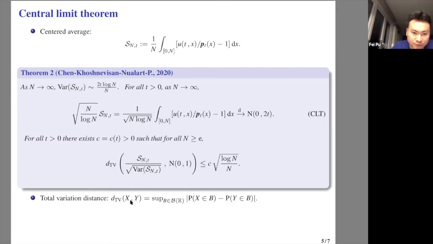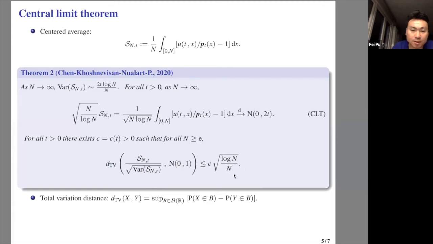The definition of total variation distance is the supremum over Borel sets of the difference of two probabilities. We prove that the total variation distance between this normalization and the standard normal distribution is bounded above by a constant times square root of log n over n.